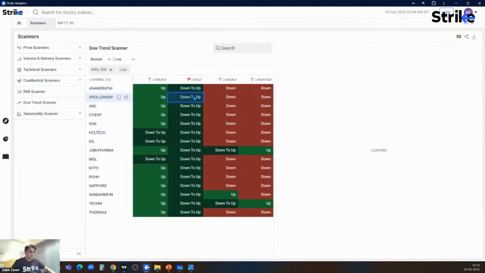Apollo Hospital. This way, if we are also looking at scanners, we should not be over dependent on scanners, because a scanner is nothing but computerized. Trading is an art, where the science meets your artistry.